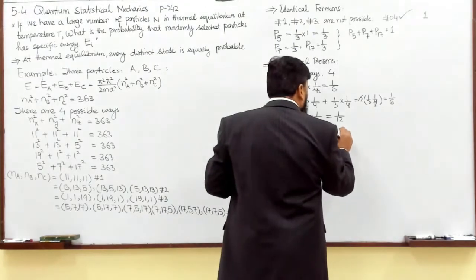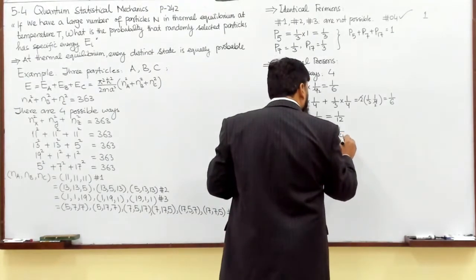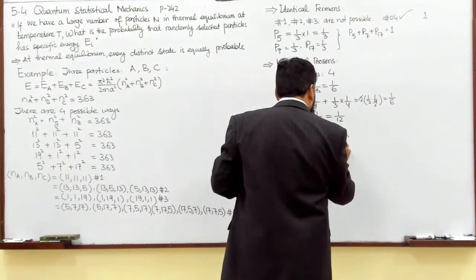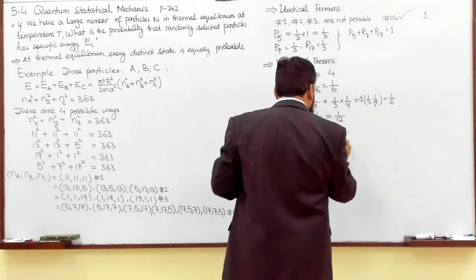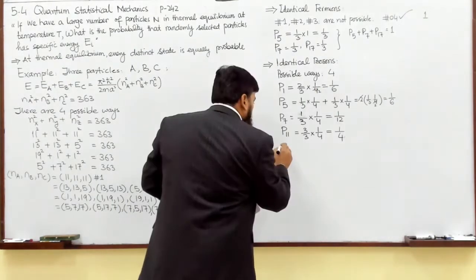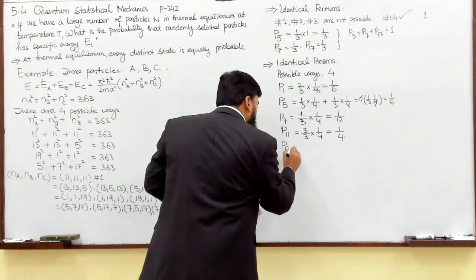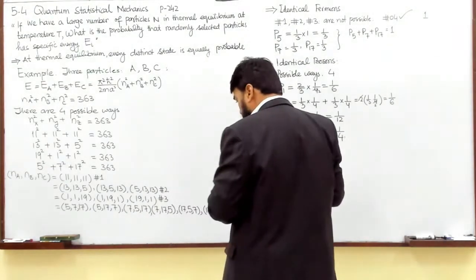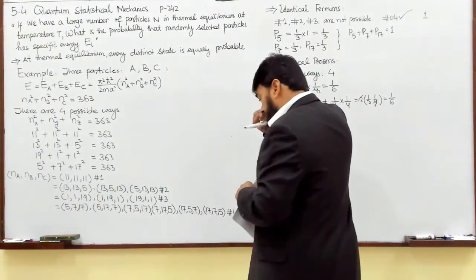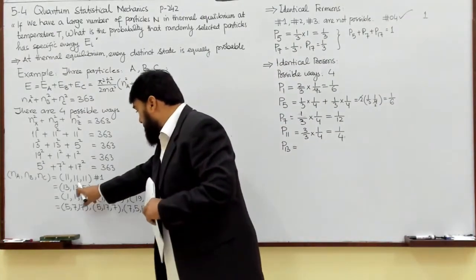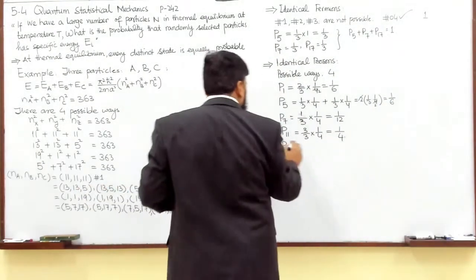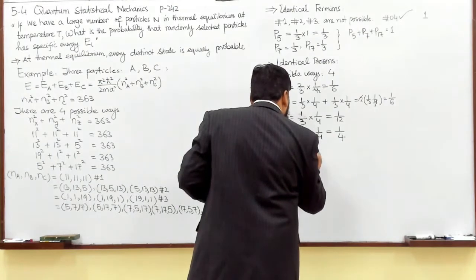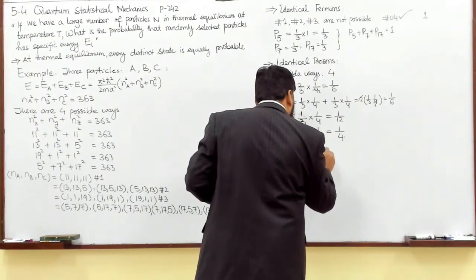So we have this probability 1 over 12. Similarly, P13 is here. So 13 here, 2 by 3, and 1 over 4.